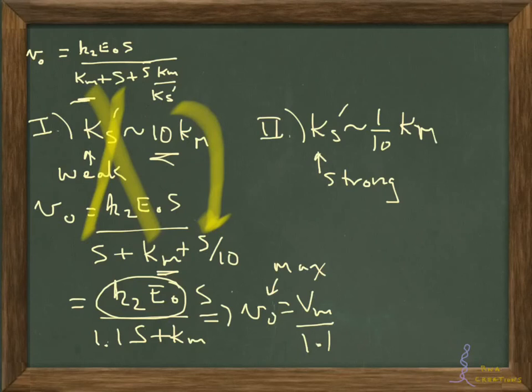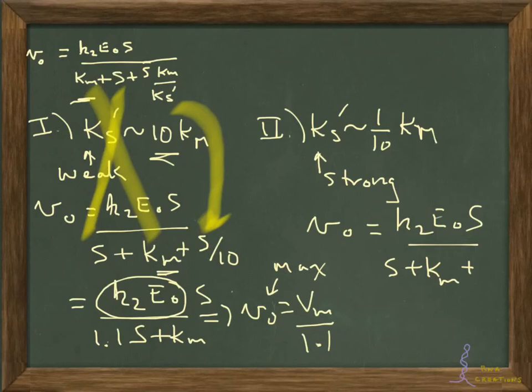Okay. But then if I go over here and do the same thing, I get V naught is equal to K2 E naught S over S plus Km plus 10S, so V max is now equal to V max over 11.